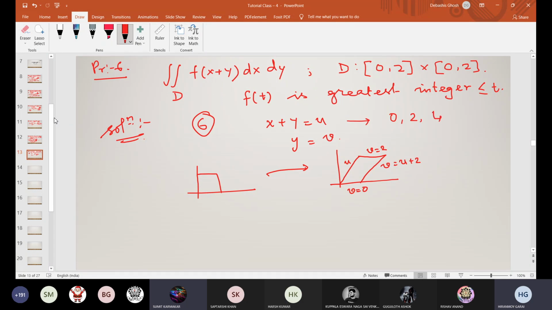So these are the 4 possible terminal points for your u. v has its range from 0 to 2, because y is 0 to 2. Now you can create the terminal points: 0 0, then 2 0, where u is 2, then 2 2, and then 4 2, sorry, not 2 4, 4 2.